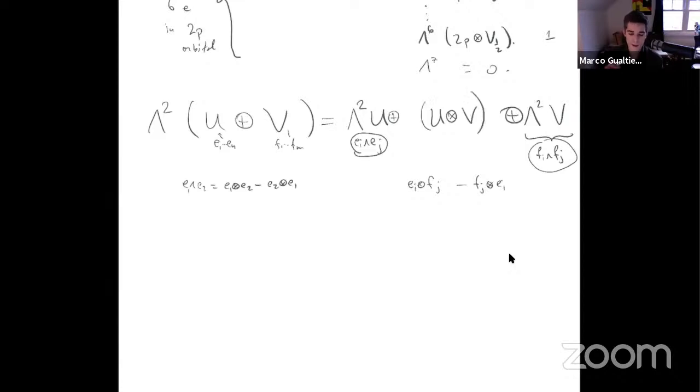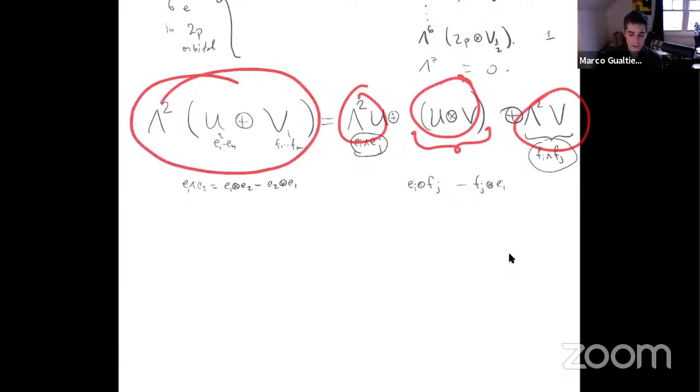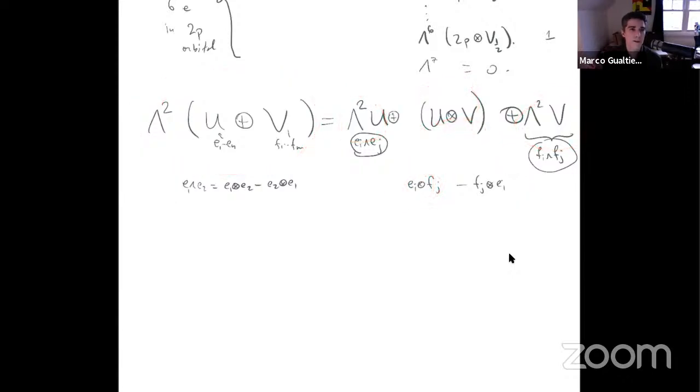So it's kind of funny that U tensor V shows up even though I want it to be skew symmetric. So you need to be careful when you write this. You need to remember that this U tensor V is sitting inside here, and so the elements should not be thought of as being just simple tensor products, but rather skew symmetrized tensor products.